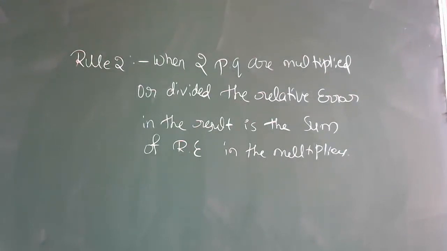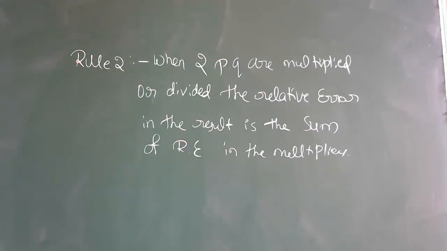See this: when two physical quantities are multiplied or divided, the relative error in the result is the sum of the relative errors in the multipliers. Do you know how to express the relative error?